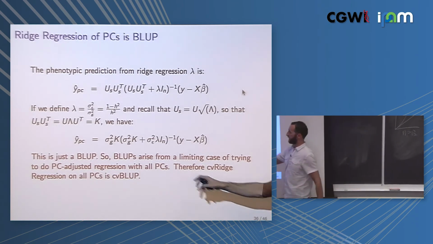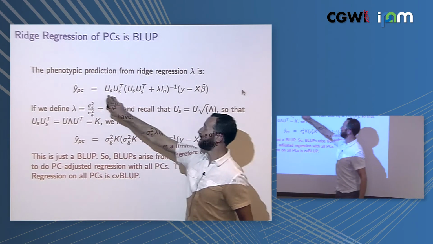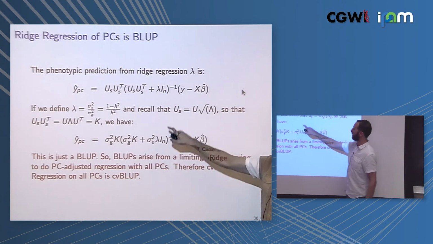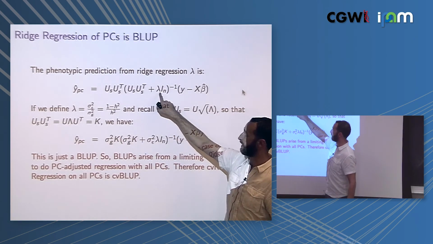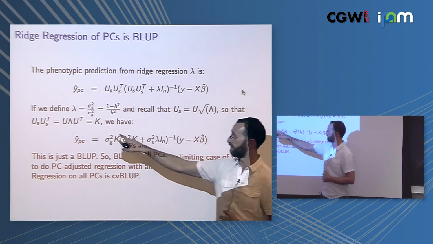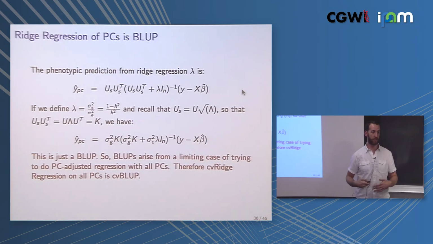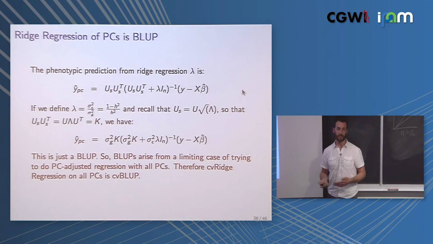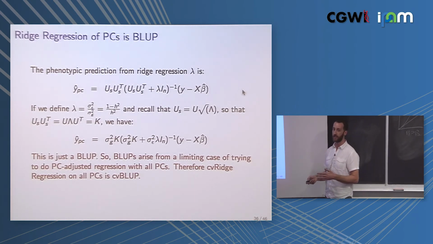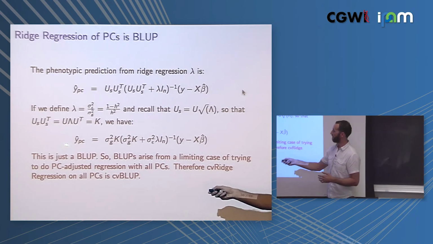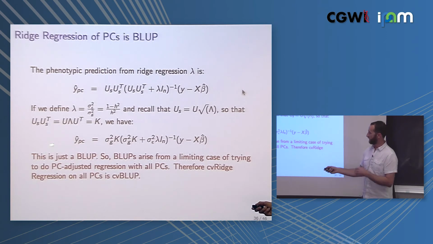So we end up with a predictor of y from the PCs that looks like this, where lambda is our penalization term, but if we specify that lambda is related to the parameters that exist in heritability space, our predictor is exactly our BLUP.